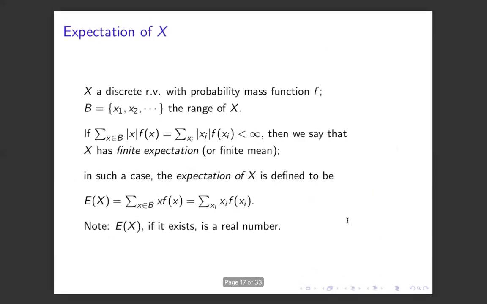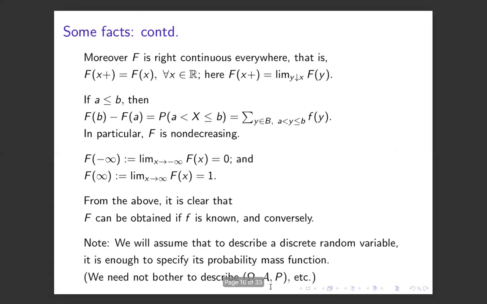Once we have the probability mass function, this omega, A, P we will forget. How exactly that random variable was obtained, we need not really know, because all the probabilistic information which we are going to infer is contained in the probability mass function.